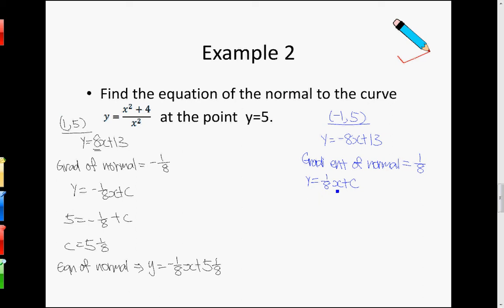So we want to sub in the point (-1, 5). So 5 equals 1 over 8 times negative 1 plus c, so c would just be equal to 5 and 1 over 8. Okay, so the equation of the normal at this point would just be y equals 1 over 8 x plus 5 and 1 over 8.